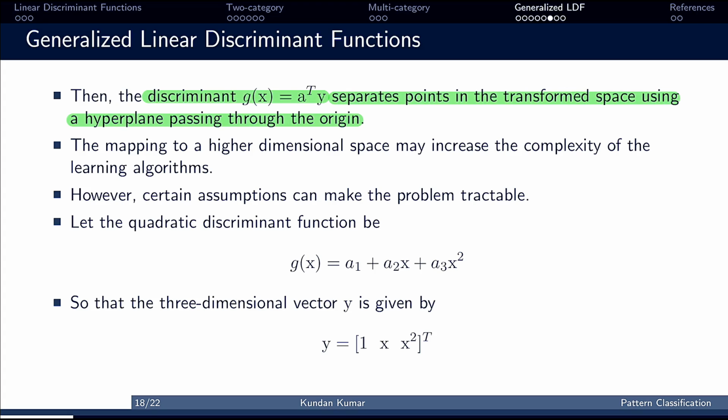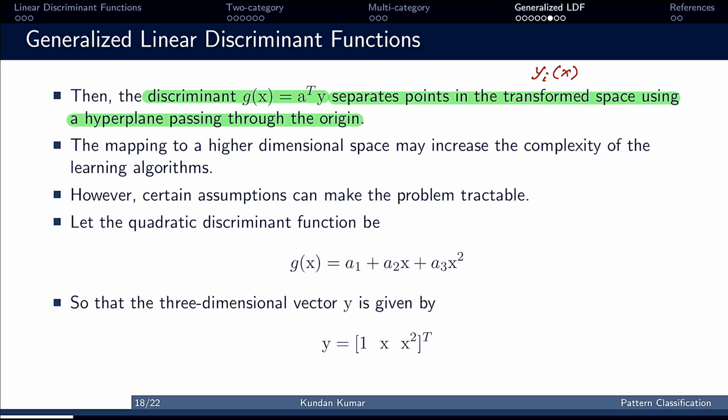But when we transform our input feature vector to the d-hat dimensional space, the transformed features will be linearly separable.